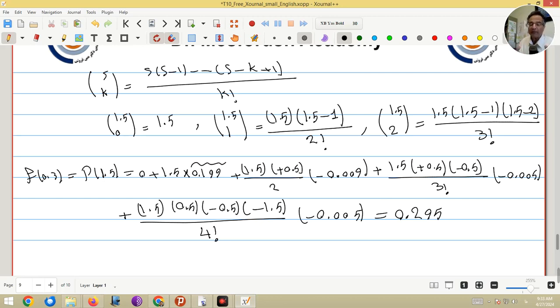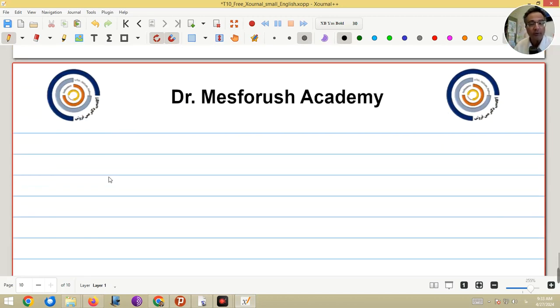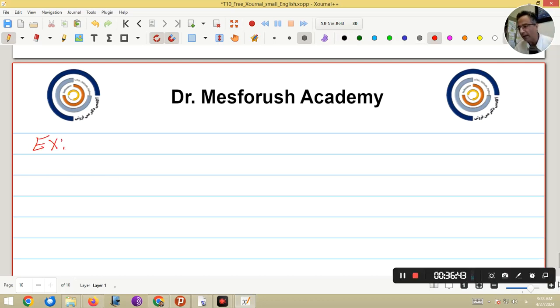This is one example when we want to compute the value of a function at one specific point. But if you don't have any specific point, and you have just a table and you want to compute an interpolating polynomial, what can we do in this case? Let me give you another example.